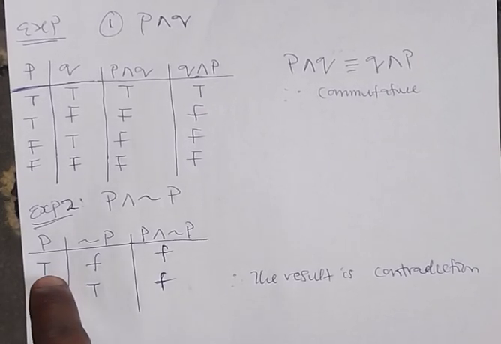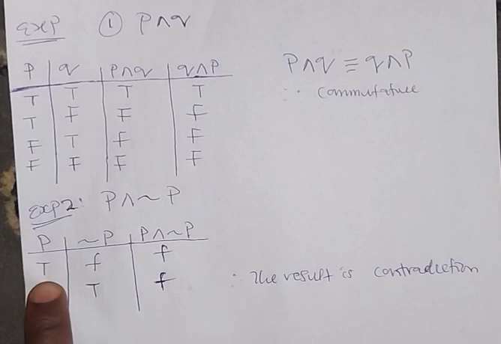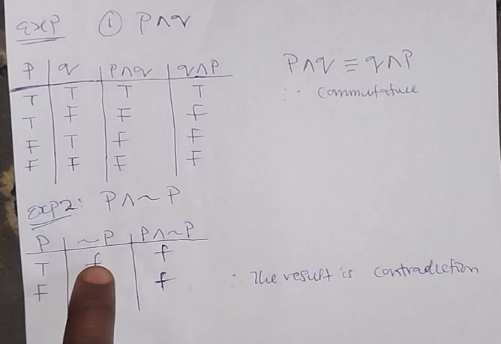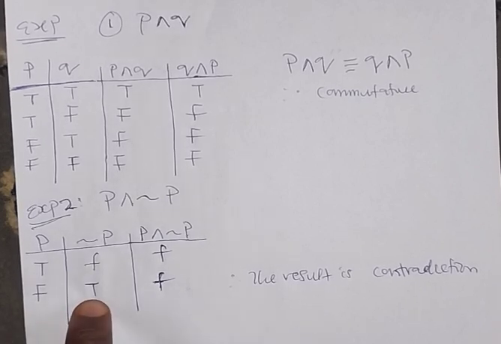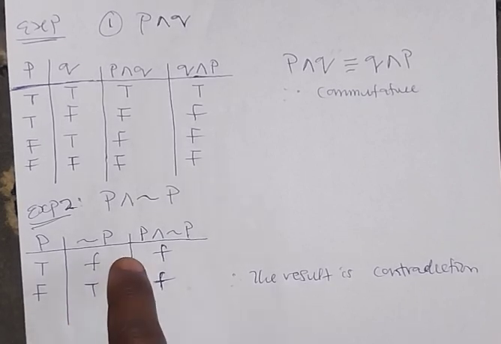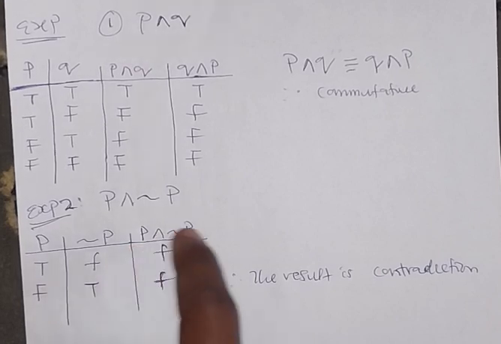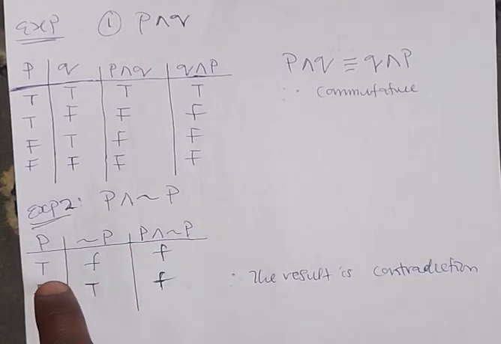Then the negation of P now. Like I said before, if P is true, its negation is going to be false. That's why we're having false here. Here it is false, its negation is true. So now to get P and the negation of P, remember from our definition that for an AND statement, if both statements are true, then it is always true.